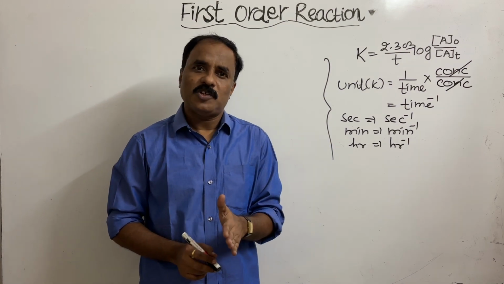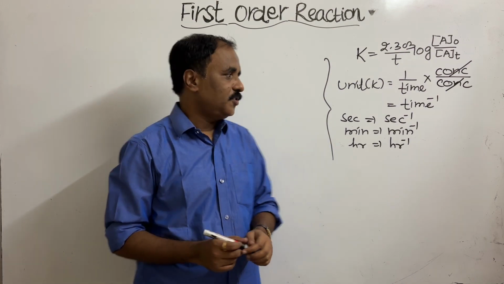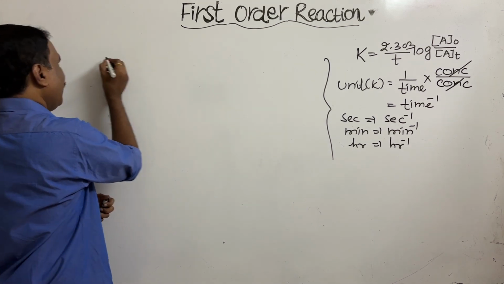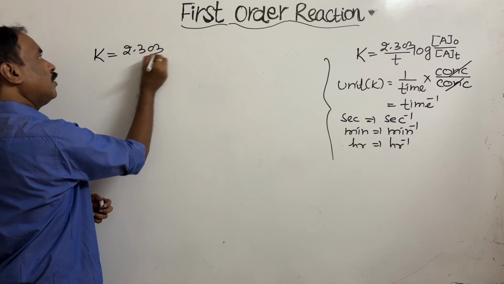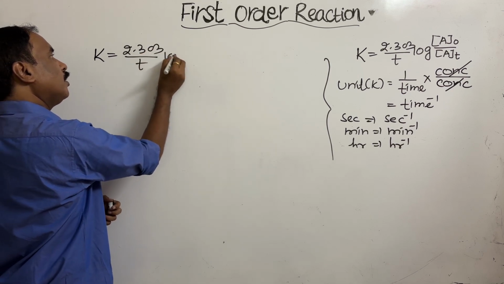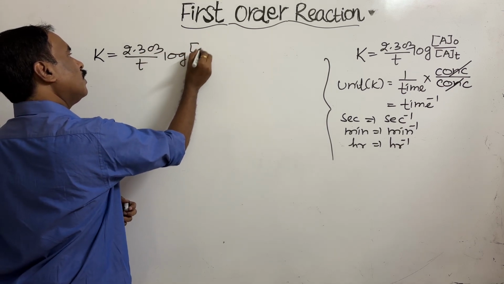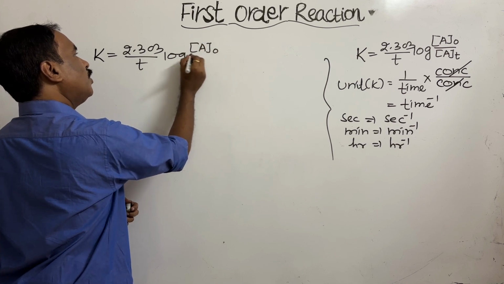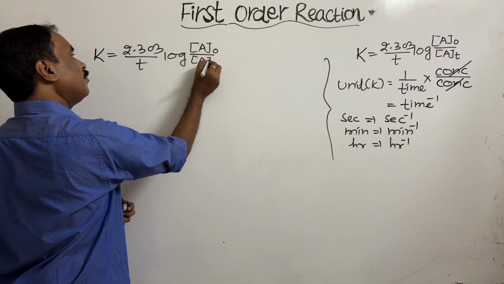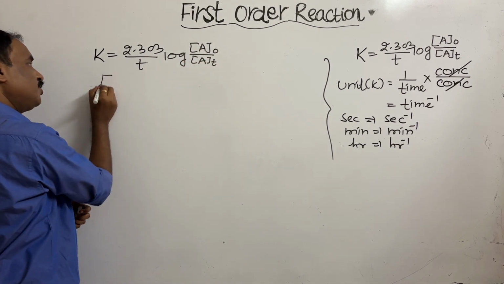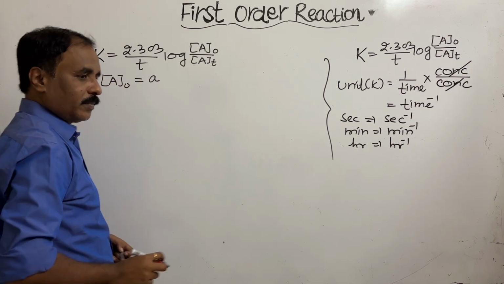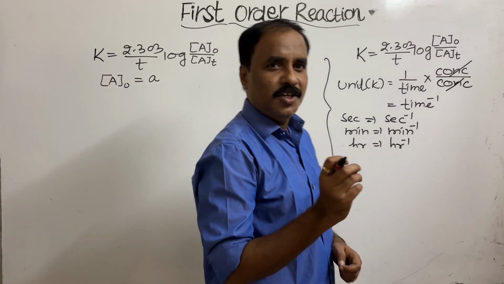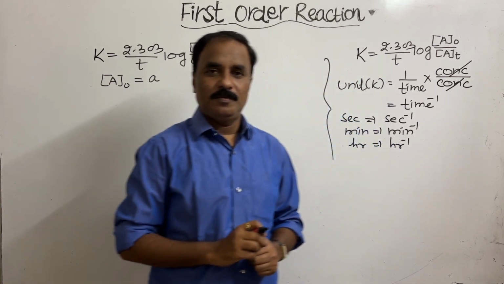Now different forms of rate equations in first order kinetics. Already we know that k is equal to 2.303 upon t log of A0 upon AT. Suppose A0 is equal to a, small a, initial concentration of reacting molecule.